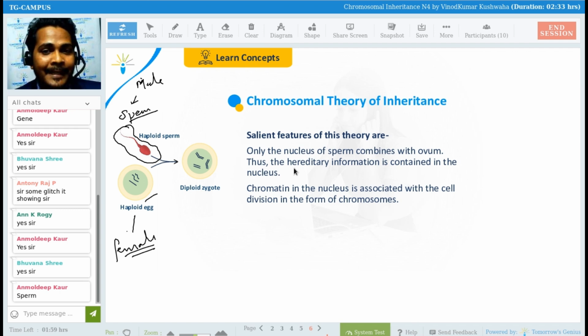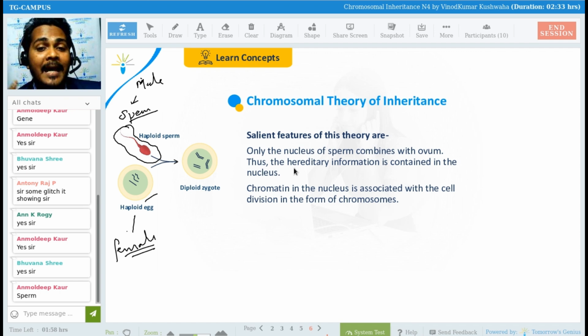There is a fusion of sperm and egg nuclei during fertilization. So what does nuclear material mean exactly? The nucleus contains the chromosomes, and therefore the chromosomes must carry the hereditary traits, or information.